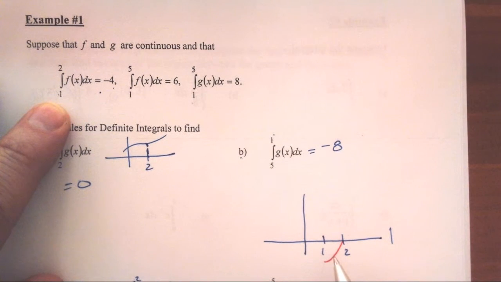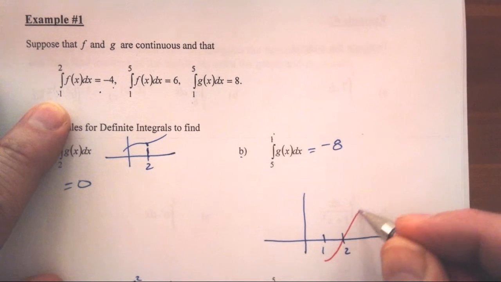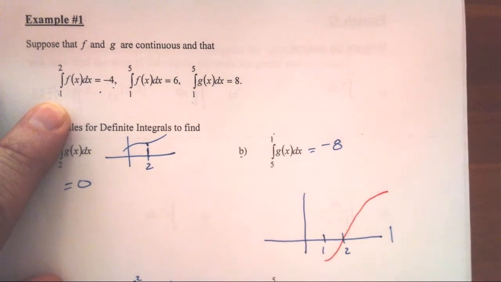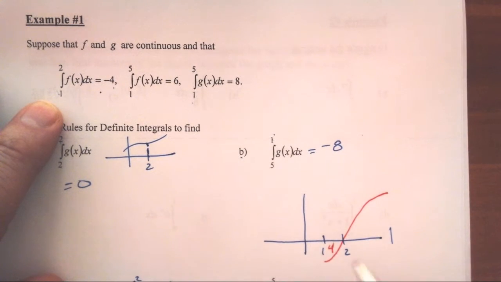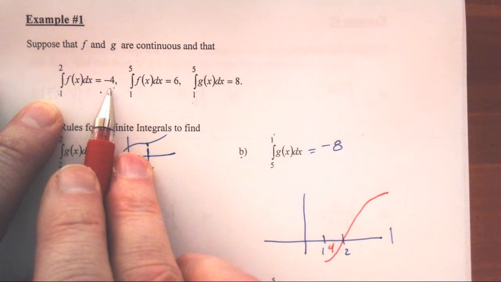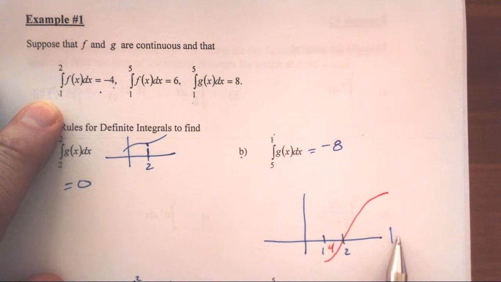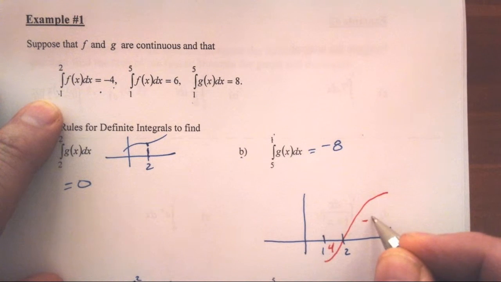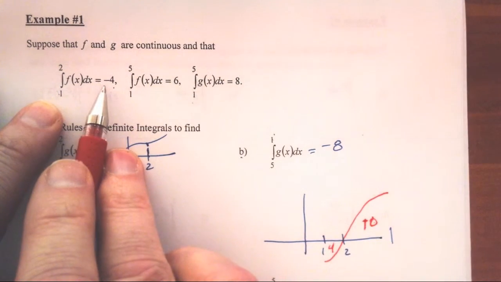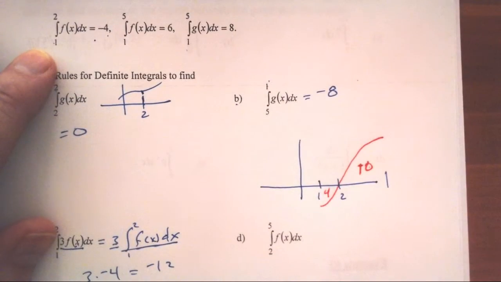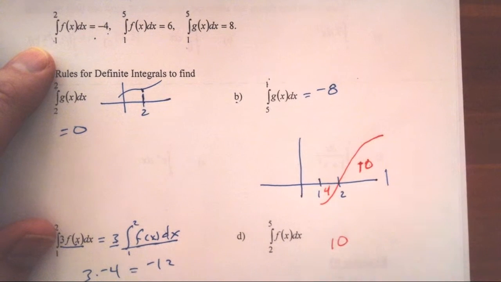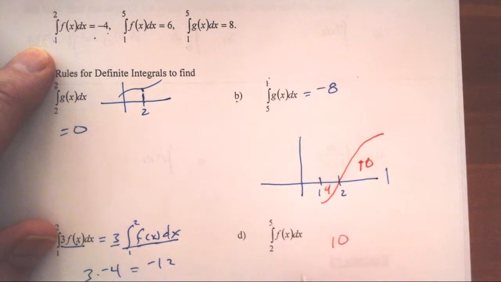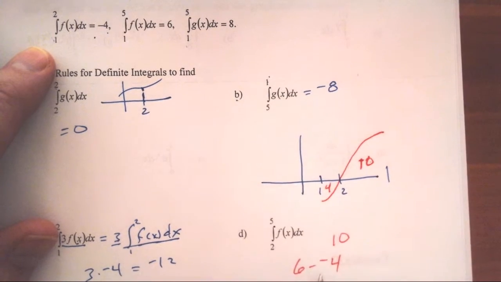Doesn't necessarily mean that, but this would be a negative area. And then let's say all of this is our positive. So from 1 to 2, we've got an area of 4 down here, but the integral is -4. From 1 to 5, the integral is 6. If this is treated as a -4, this must be 10. 10 minus the 4 would give us the 6. So our integral from 2 to 5 is 10. We'd actually get it by going 6 minus the opposite of 4.